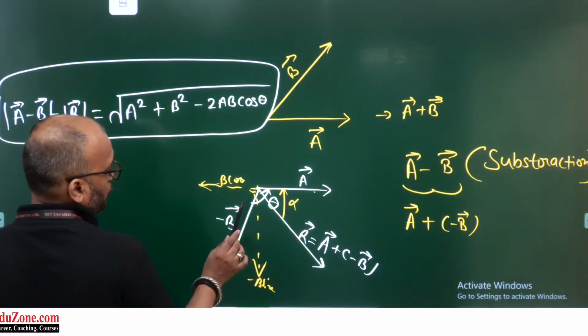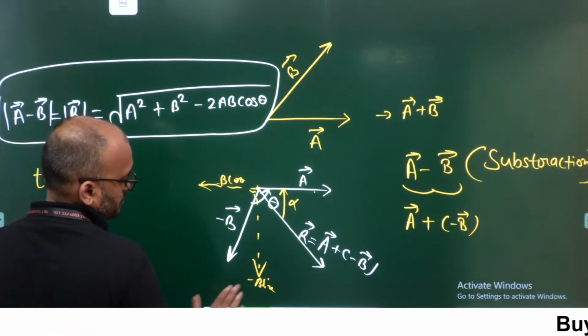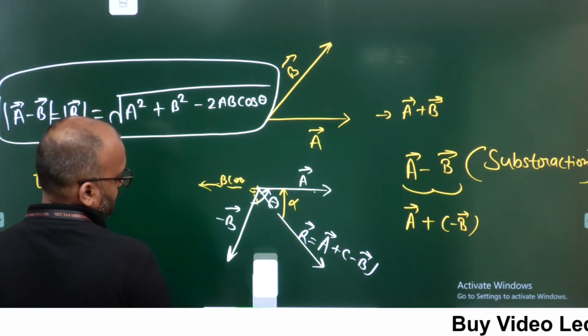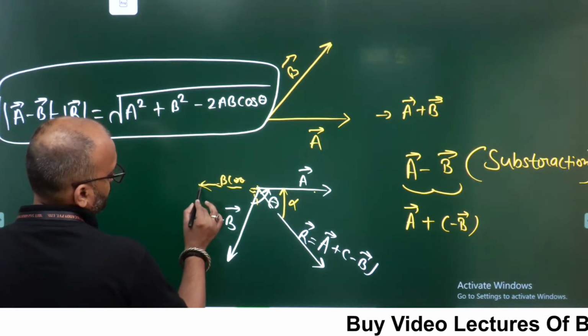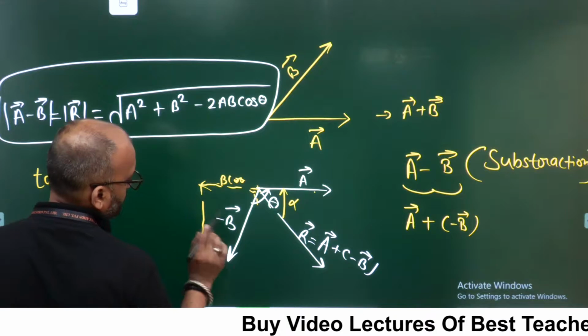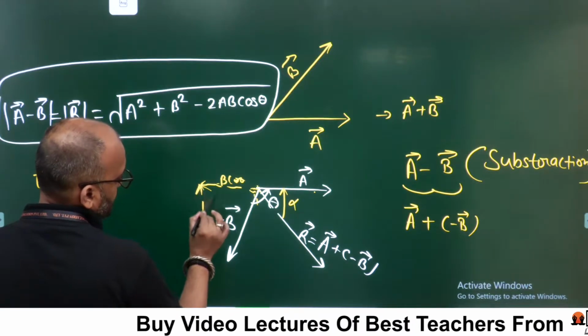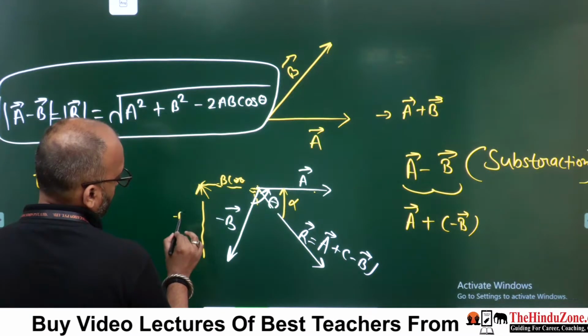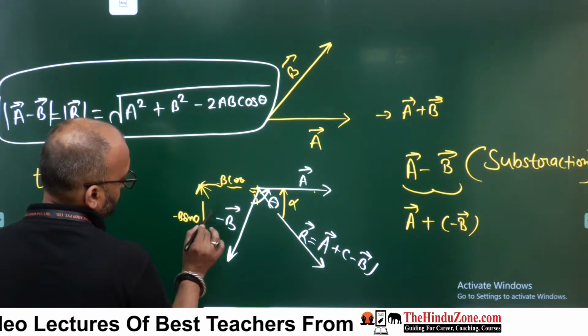So now horizontal component will be what? Or please let me do it properly. This is the vertical component, sin theta.